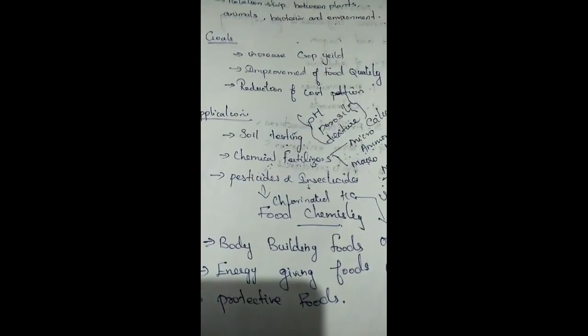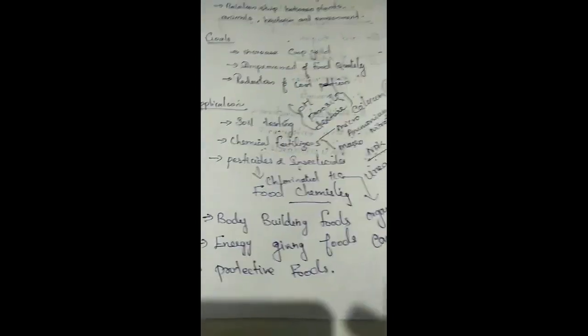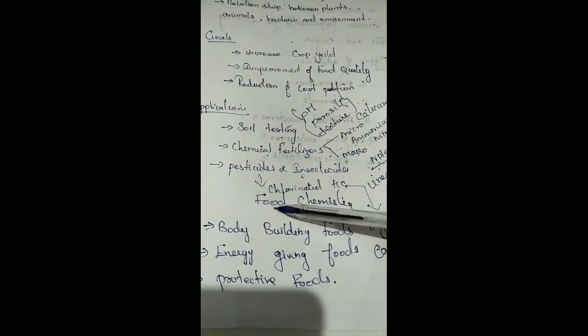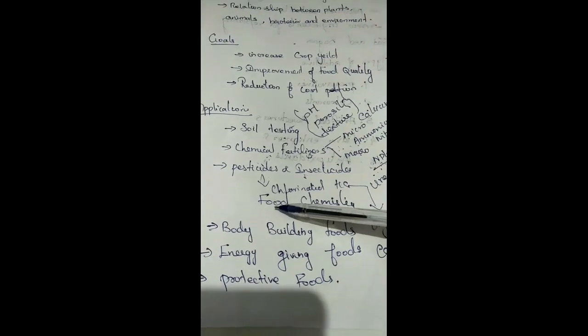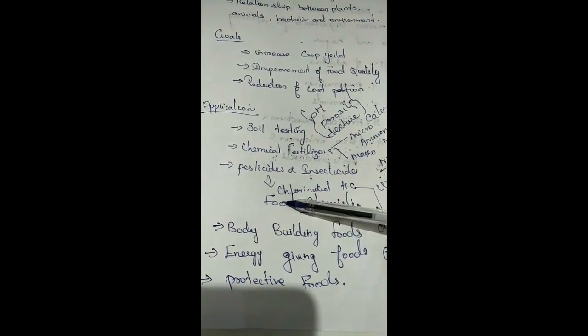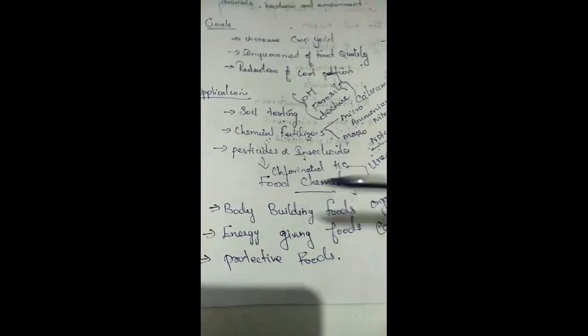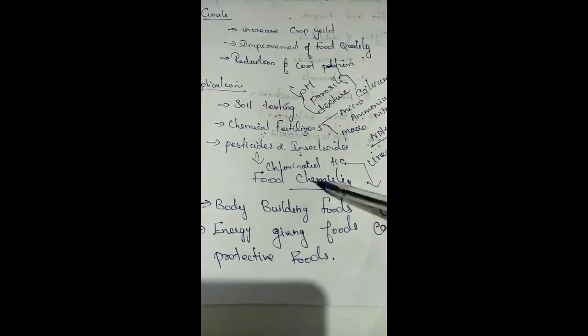So what does food chemistry deal with? Food. Food is a necessary thing for plants, human beings as well as animals. We know that the food we eat also contains chemicals.